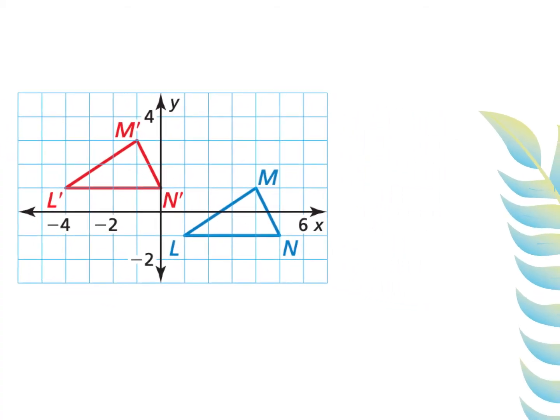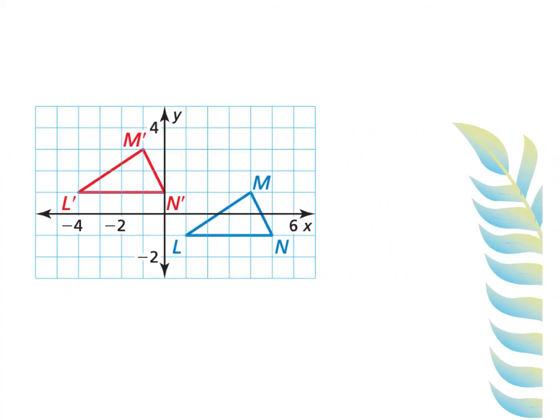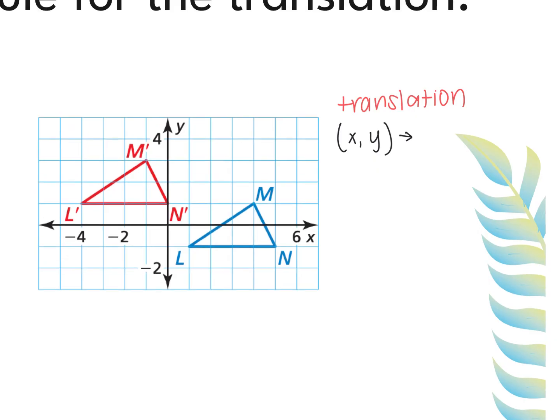Looking at 2, what kind of transformation is this? Yeah. Translation. Good, this is a translation. And the rule for this is we're going to have to count. X, Y. All right, counting.